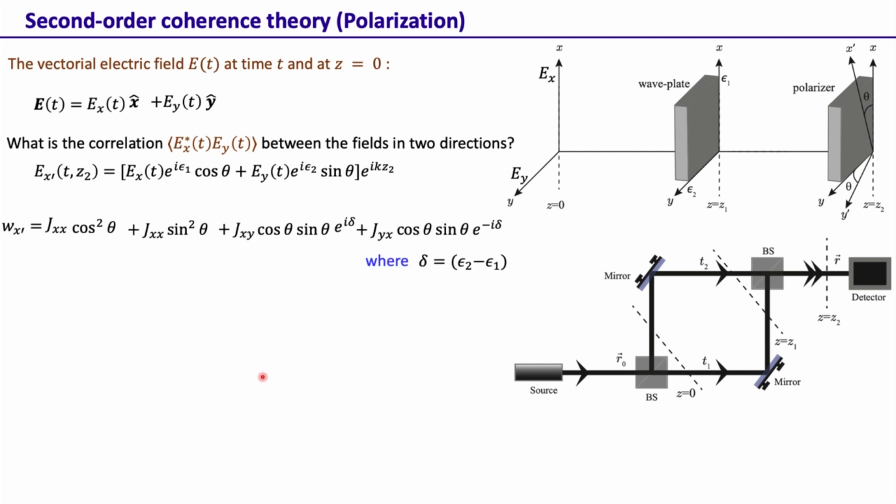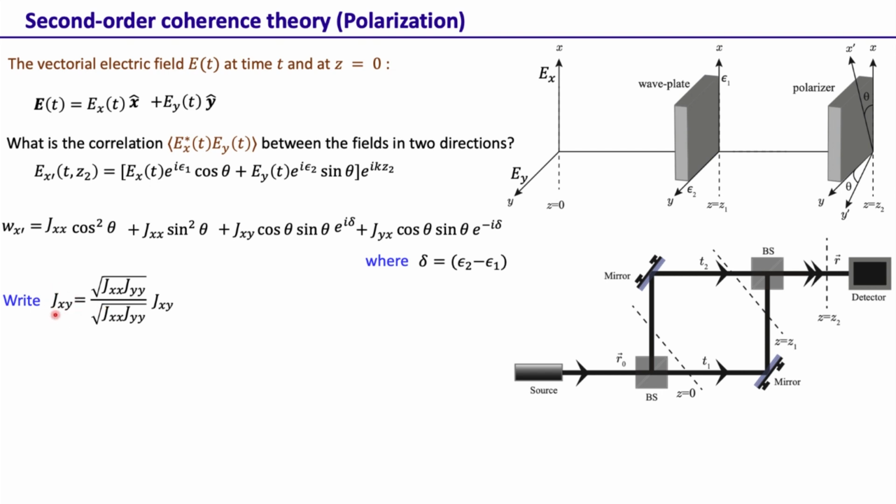Okay, so this is the expression for the energy density we have, and it contains the energy due to the polarization in one direction, energy due to the polarization in the other direction, and then of course the cross terms. So now, just like degree of temporal coherence and degree of spatial coherence, we can also define degree of polarization coherence, and we do this in this manner.